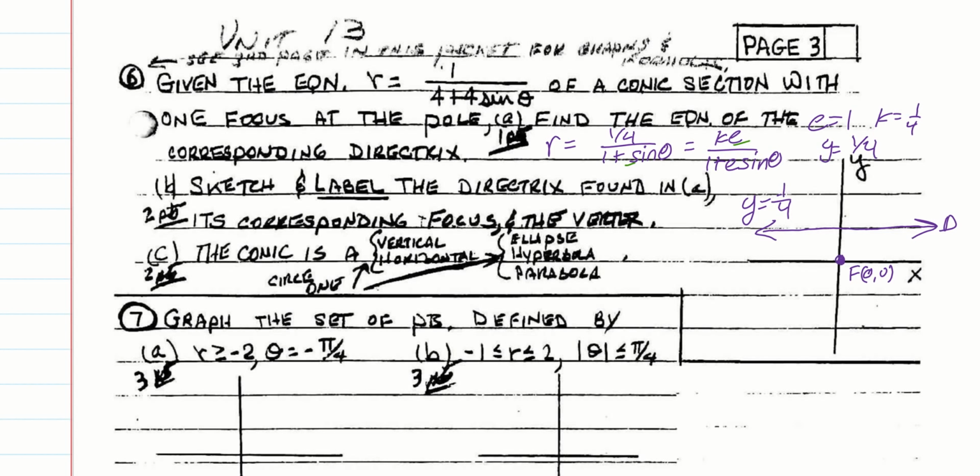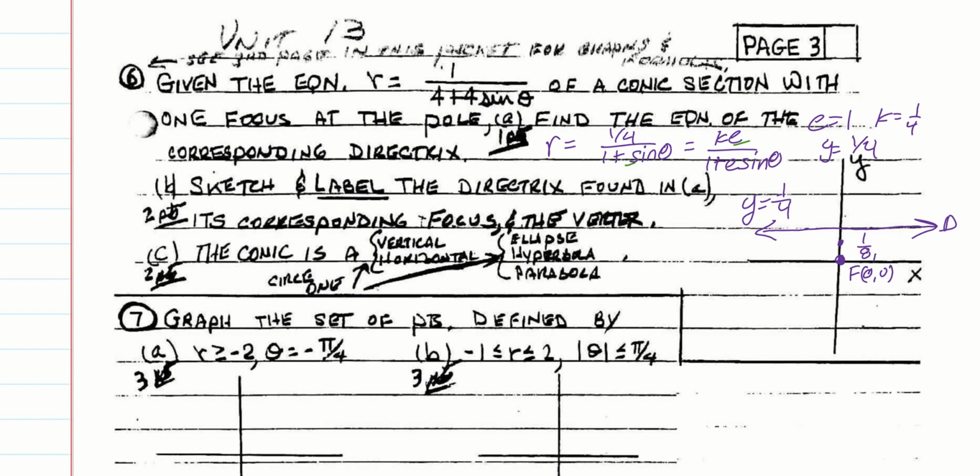So we know that your vertex is going to be half the distance from your focus to your directrix. The entire distance from your focus to directrix is k. I misspoke earlier, I said 2k earlier, but it's just k. And then your distance from your focus to your vertex is going to be half k. So this is going to be 1/8 here.